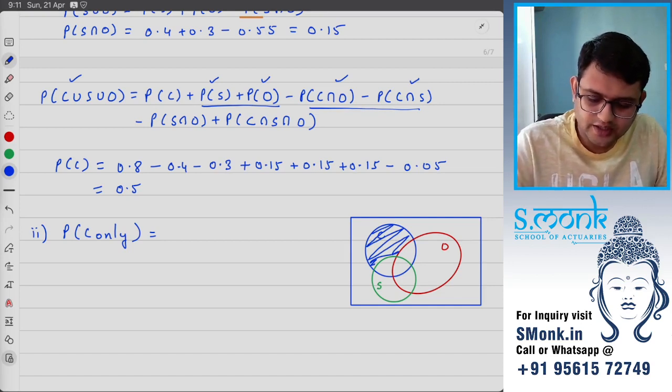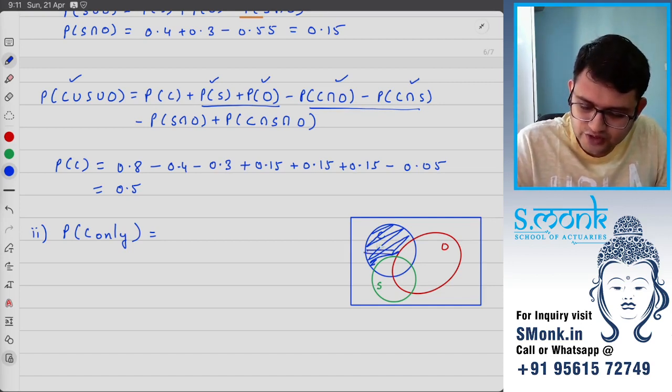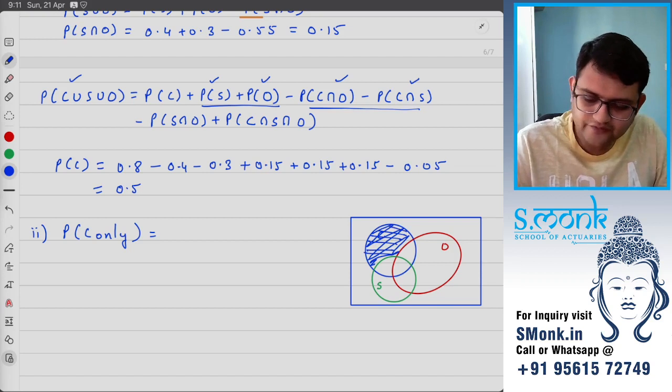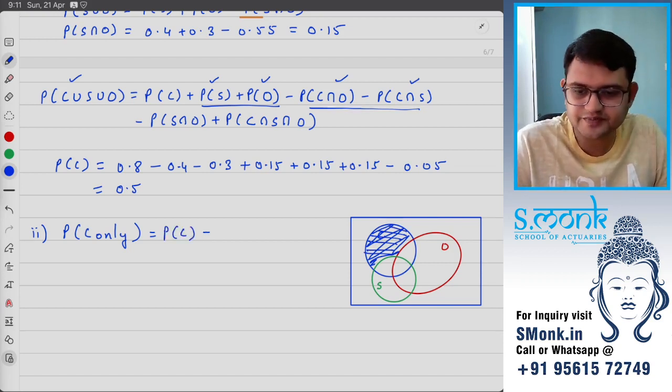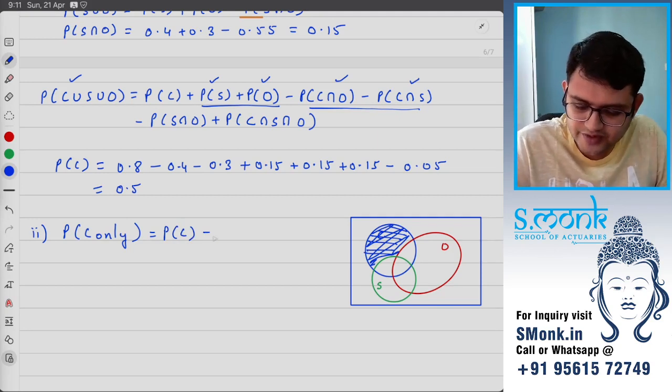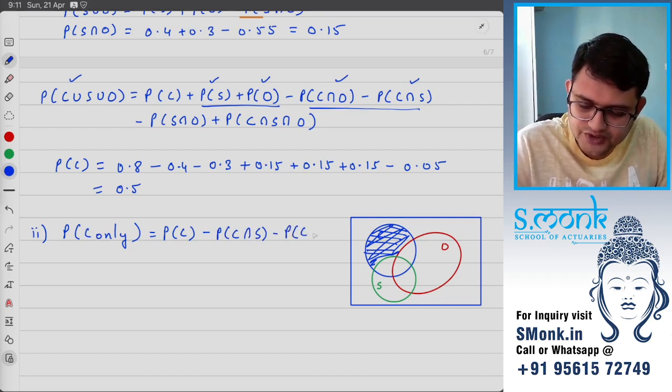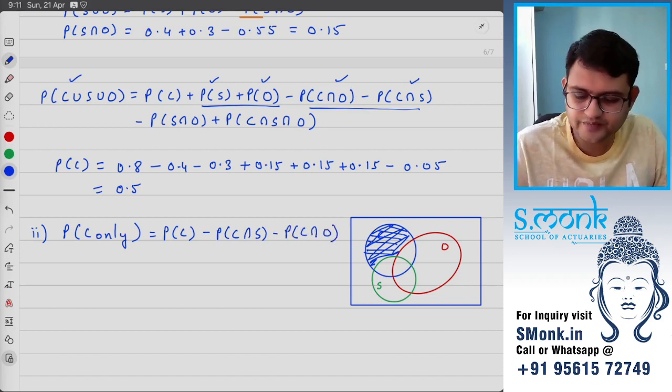If I want to get this chips only part, I will have to take the chips and subtract what part? I will subtract chips intersection salad and subtract chips intersection onion ring.